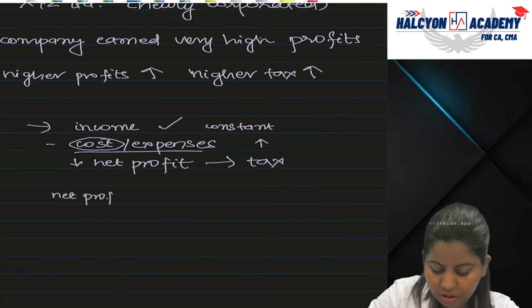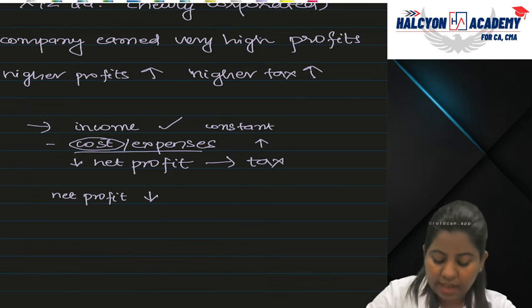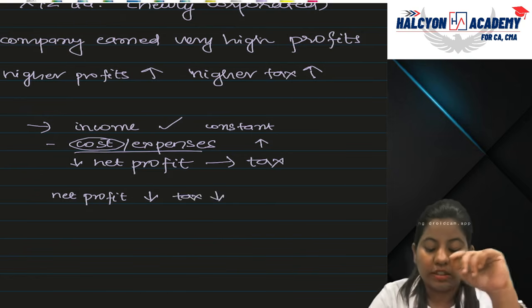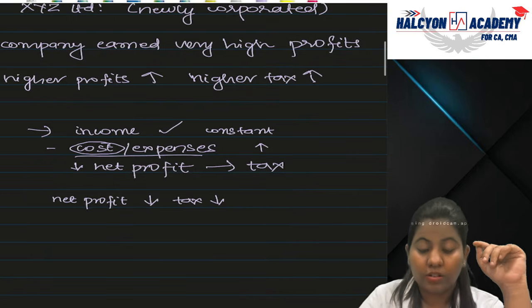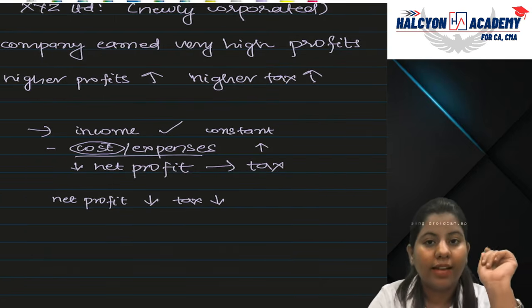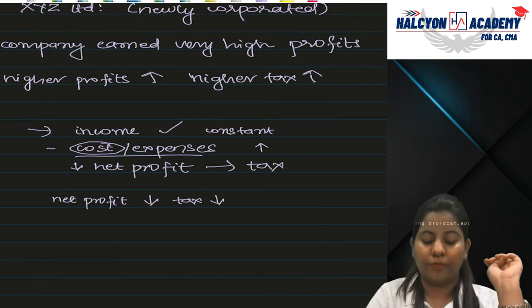If the net profit decreases, the tax will also decrease. So this was their strategy to pay less taxes.